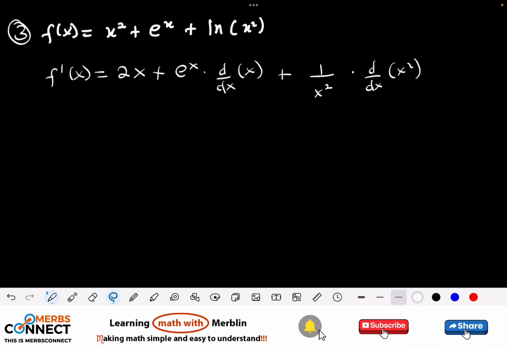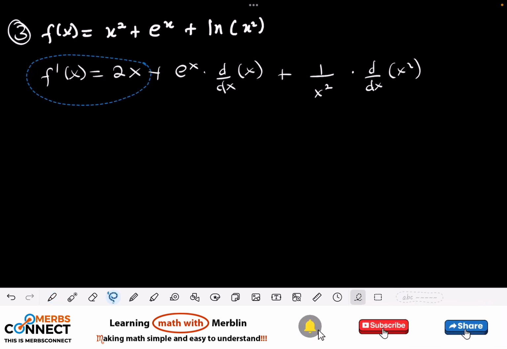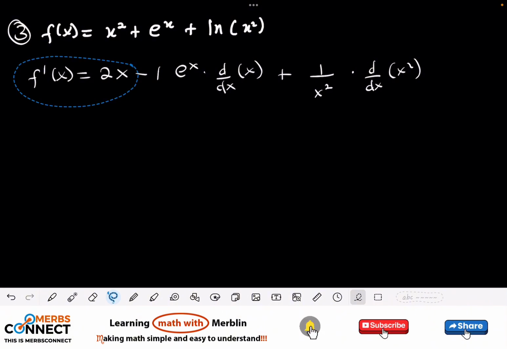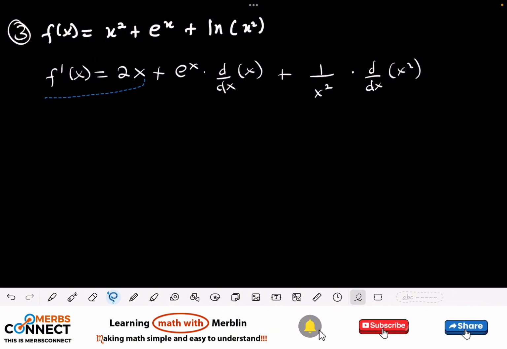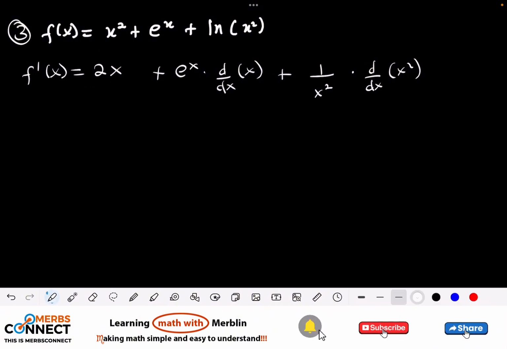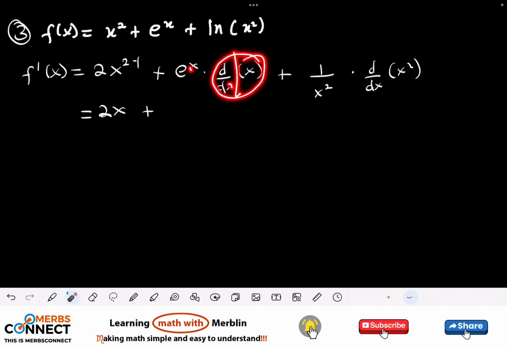Let me use the power rule for this one too. The power rule: 2 drops down, 2 minus 1, so that we can simplify. This one is going to give us 2x plus, when I differentiate x, I get 1 times this.